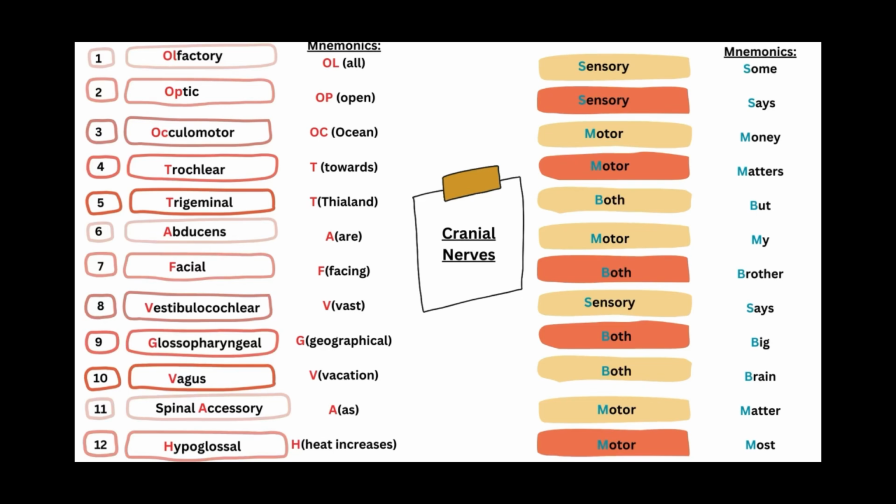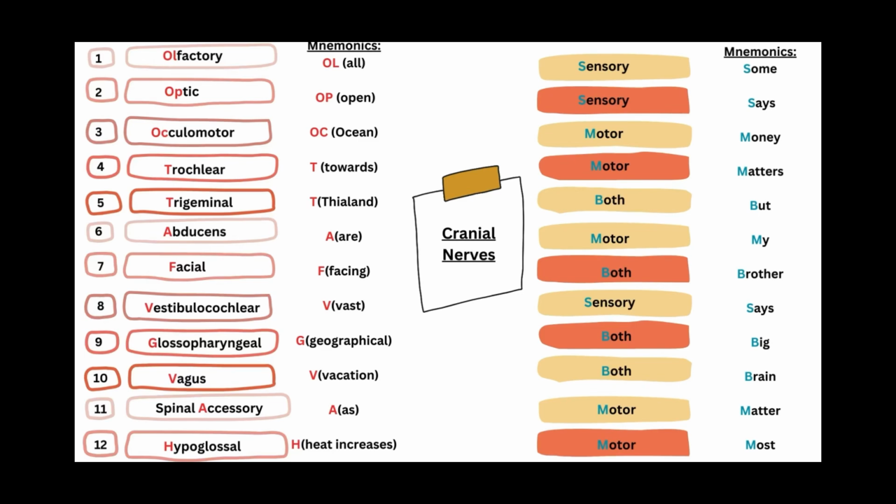So this is just a mnemonic. It's very funny, I know, and vague, but if it helps: All open ocean towards Thailand are facing vast geographical vacation as heat increases. That's how you will remember olfactory, optic, oculomotor, trochlear, trigeminal, abducens, and so on. So that's the 12. I will make separate videos of all the important ones like trigeminal, facial, hypoglossal, glossopharyngeal.